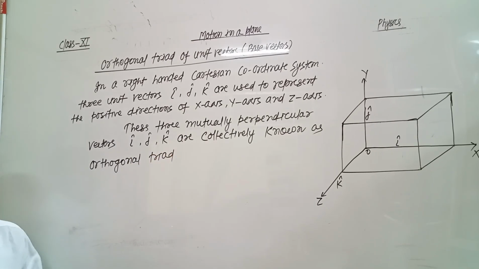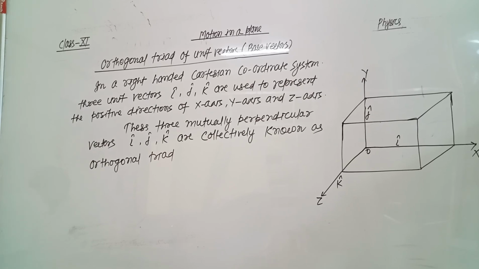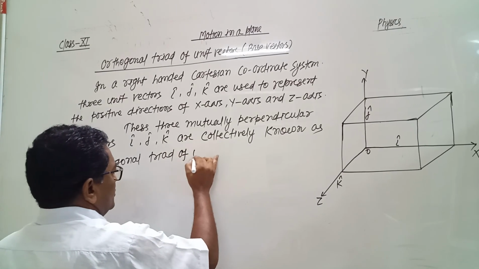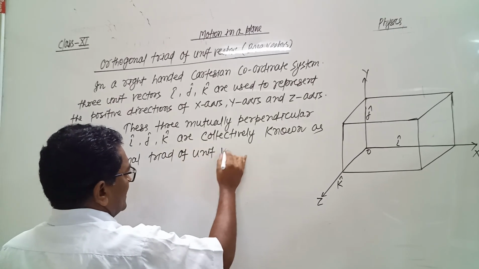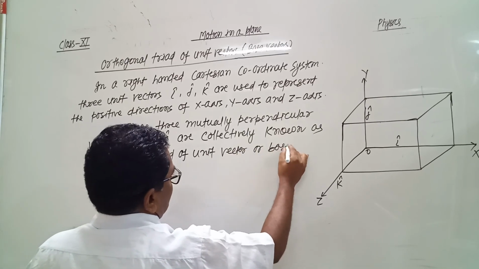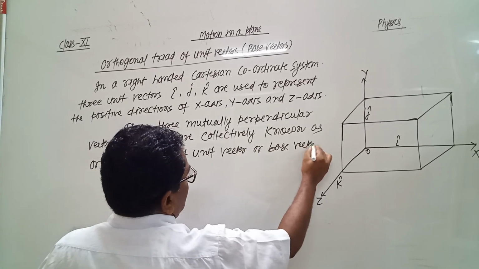So i cap, j cap, k cap are three mutually perpendicular vectors, and combinedly they are called orthogonal triad of unit vectors or base vectors.